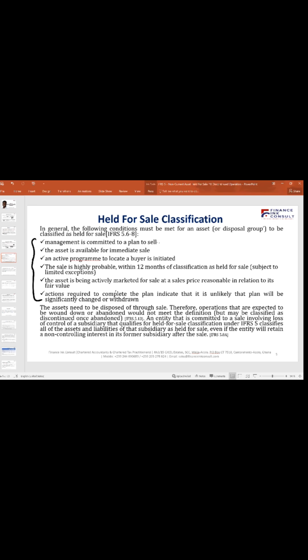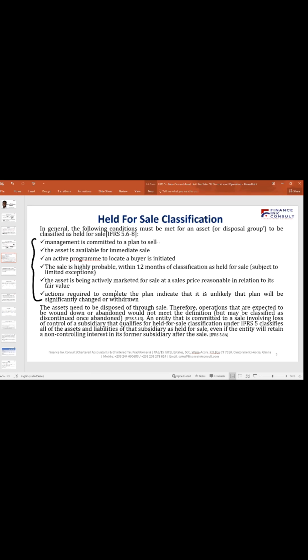So they would intentionally push some of the assets under IFRS 5. They will classify it as held for sale. But ideally, their intention is not to sell the asset, but just to take advantage of the fact that it's not going to be depreciated. That's why they came up with this condition.